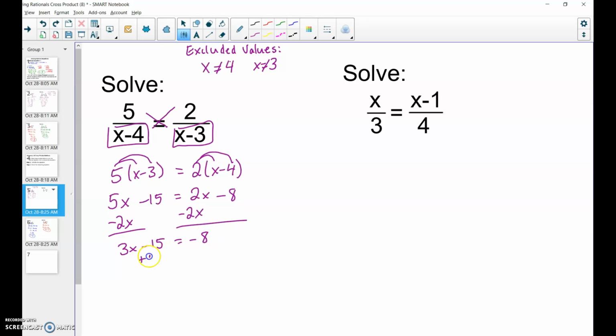Then add 15 to both sides. And then divide both sides by 3. So I have x equals 7/3, and I'm allowed to have that. So that is my solution.